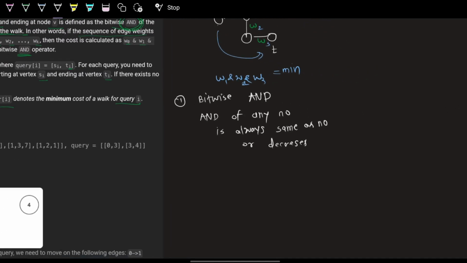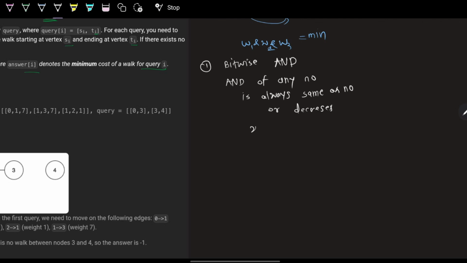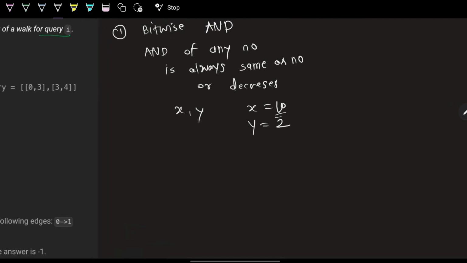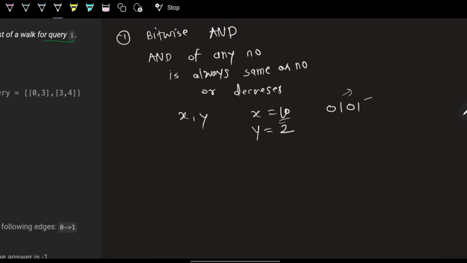Why am I saying it? For example, my two given numbers are x and y. If my x value is 10 and my y value is 2, correct? So what is the binary representation of x? That would be 1 0 1 0, right?